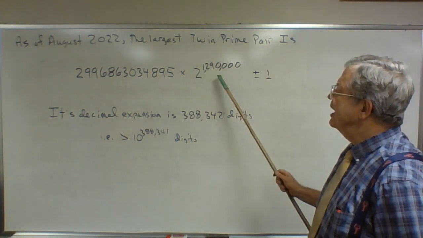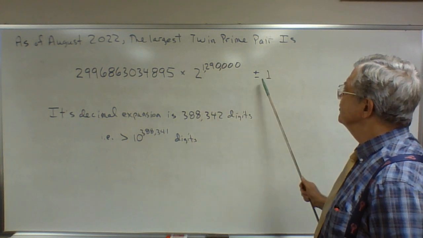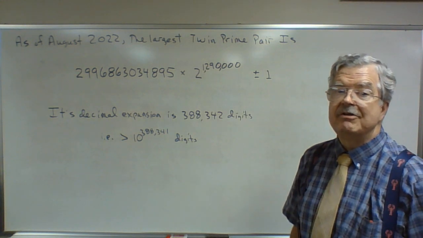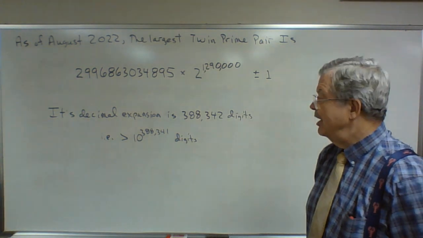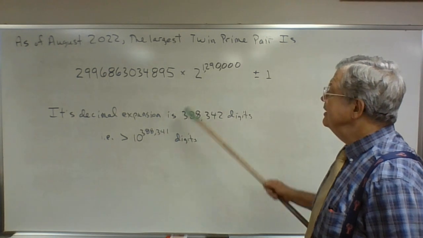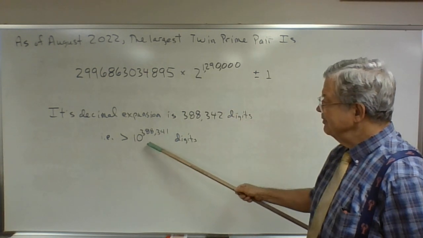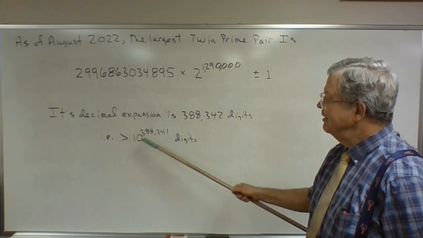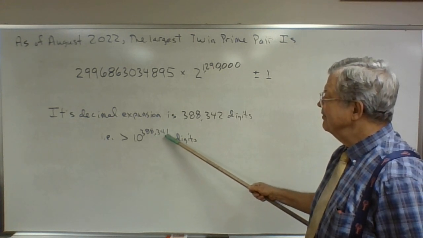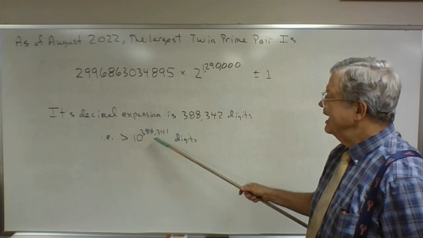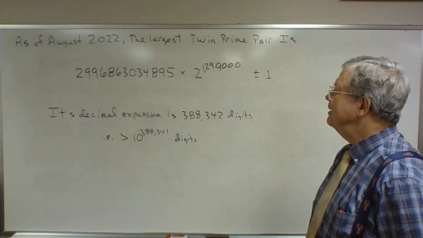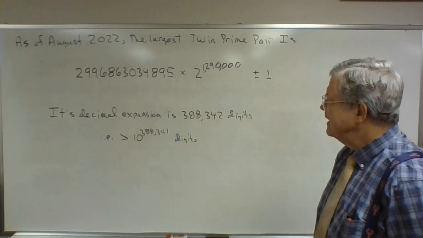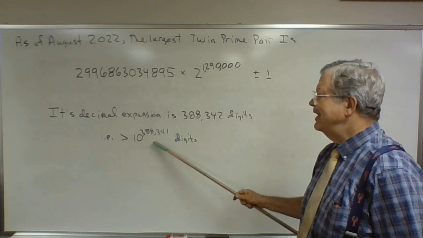Take this number, subtract 1, take this number, add 1, and you get the largest pair of twin primes that we know of. They have this many digits, so they're greater than that number.